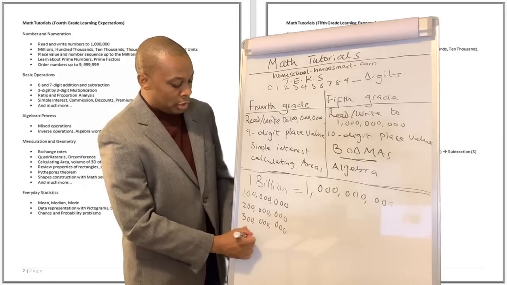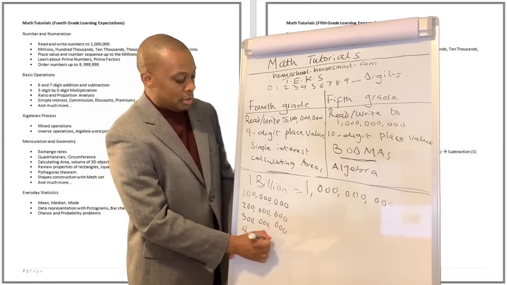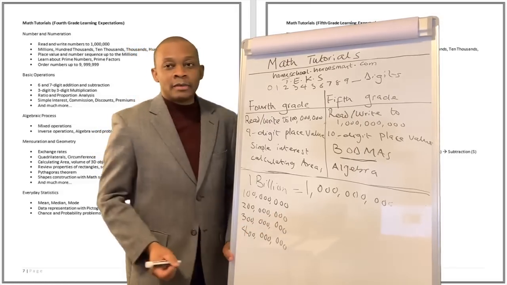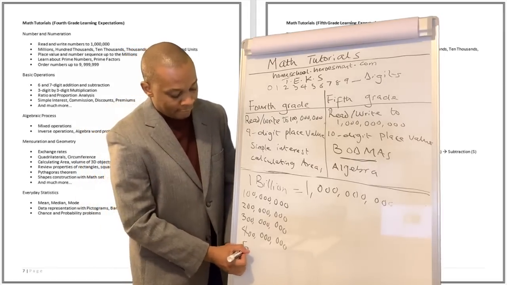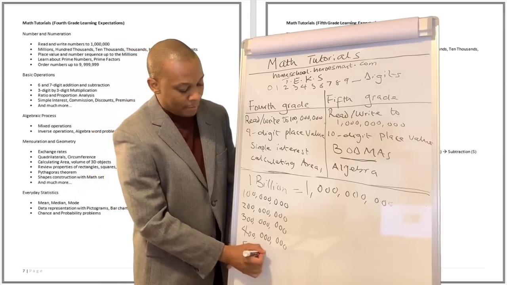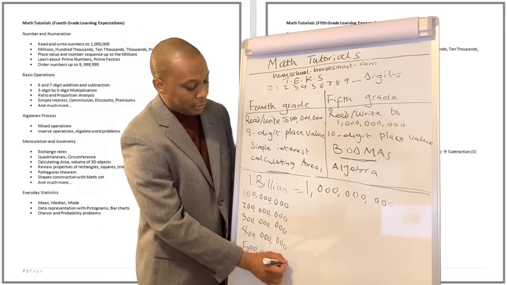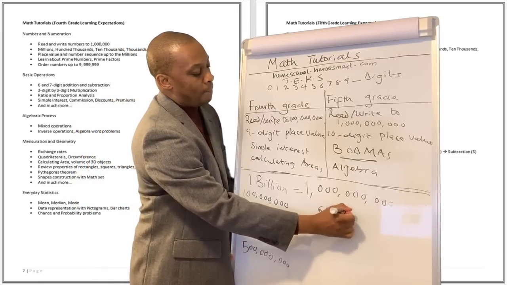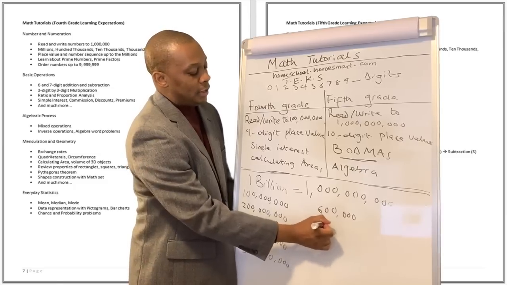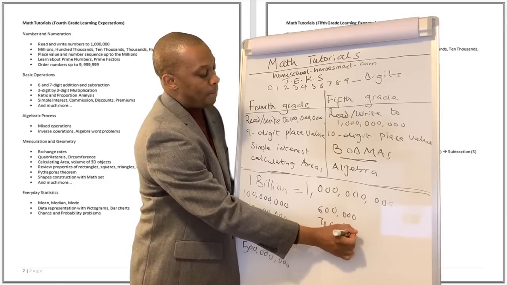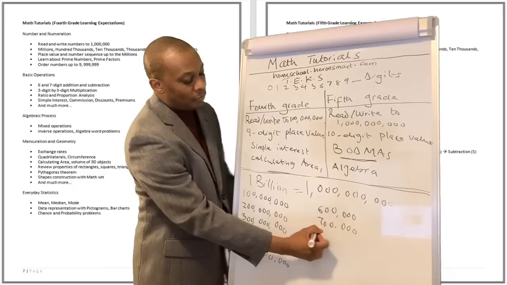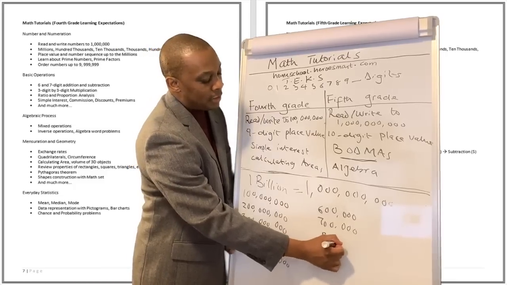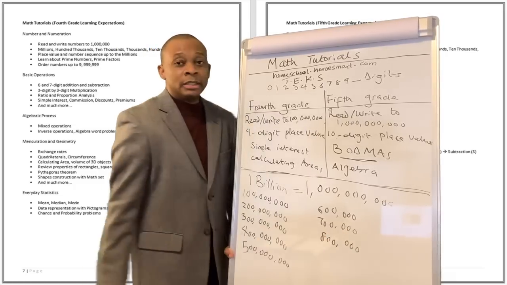Then 400 million, 500 million, 600 million, and 700 million.